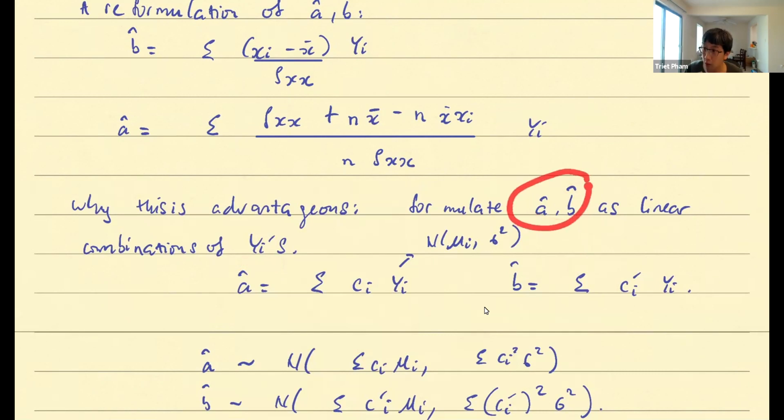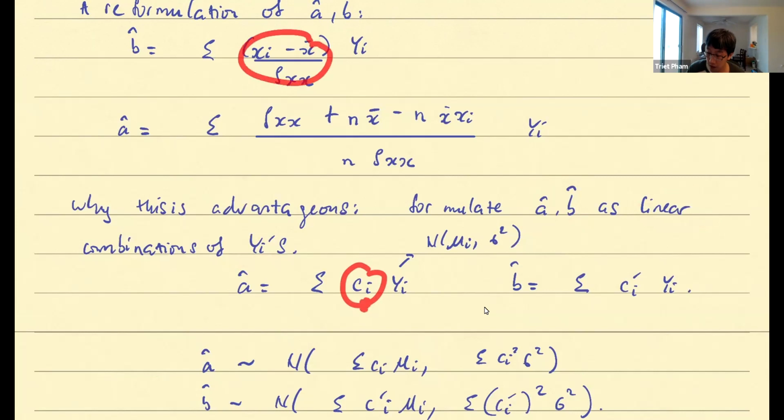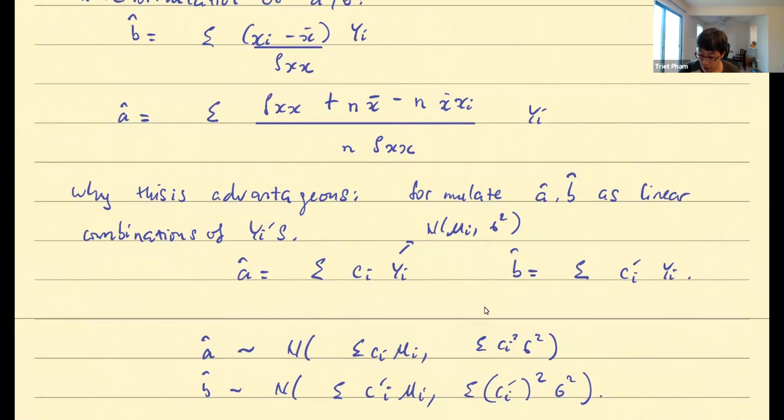And of course, the coefficients in the linear combination are made up from the x data. But the guy carrying the randomness is the y. So that's it. This is a more informative structure to use when you want to study the variance and stuff like that. Question?